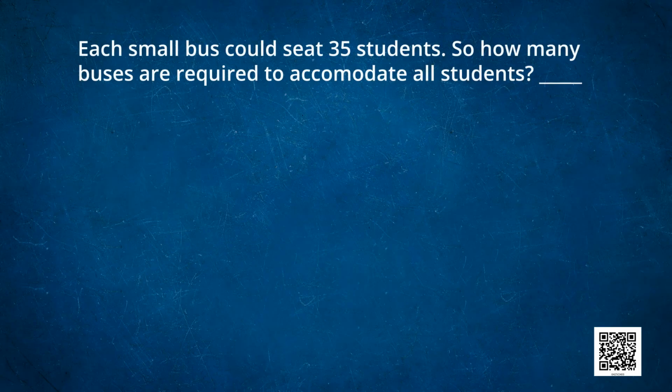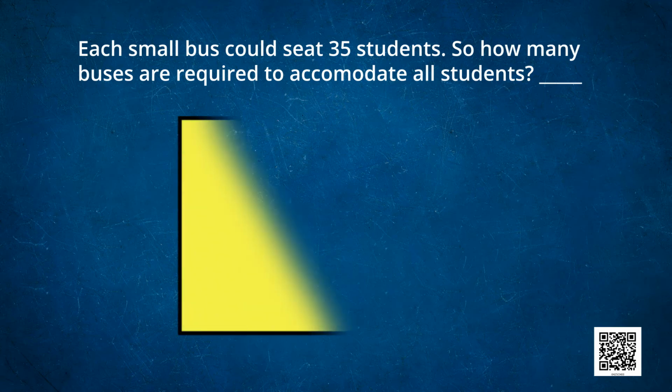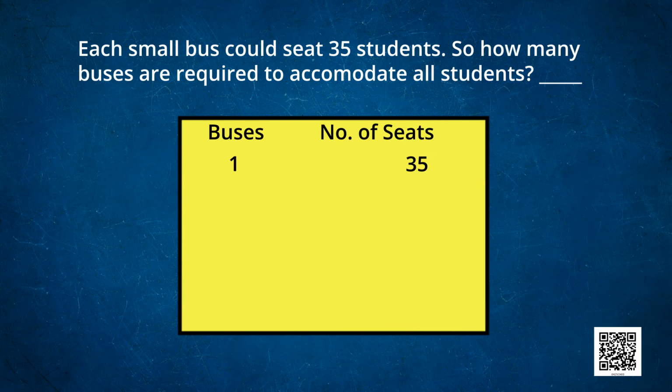Now students, each small bus could seat 35 students. So, how many buses are required to accommodate all students? Let's find out. Now see, each small bus has 35 seats.